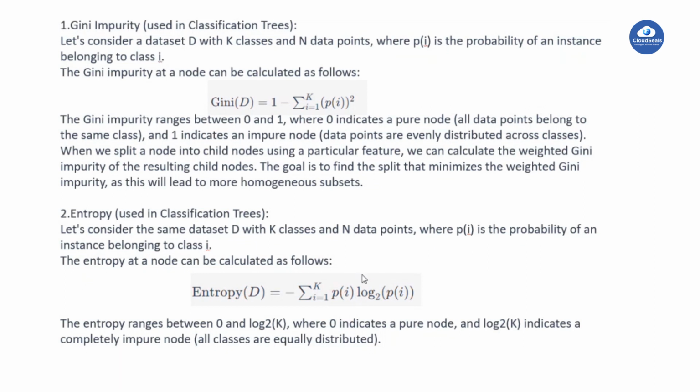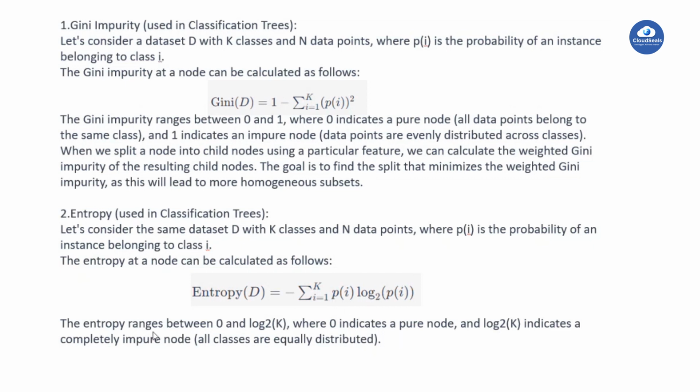You know how log values work: we can't calculate log values through simple formulas, we have many functions and algorithms to calculate the log. So instead of doing that, here it calculates the sigma of probability times log probability.